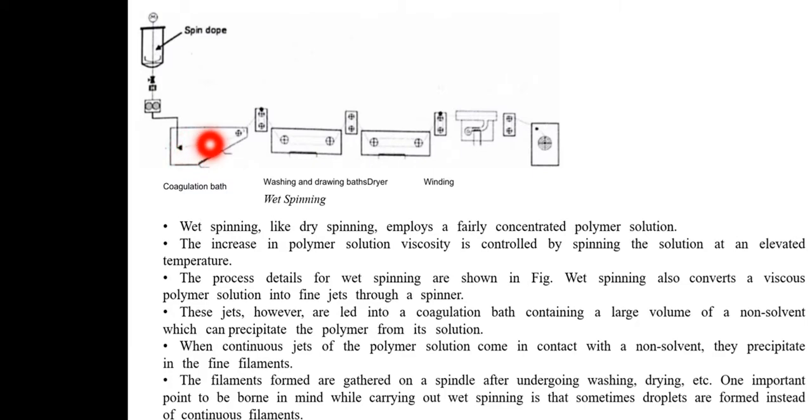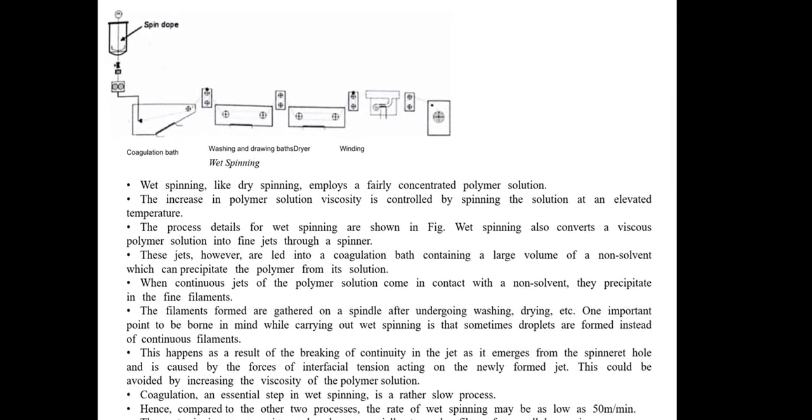In the coagulation bath, precipitation takes place, and that high temperature liquid polymer solution gets precipitated in the form of fine filaments. Then it is allowed to pass through the washing and drying unit, and finally it is collected and wound here. So this is known as wet spinning.